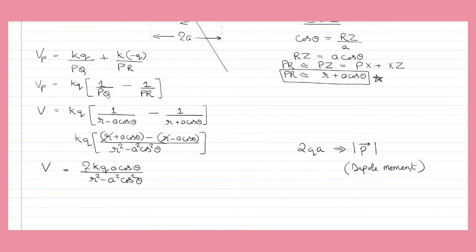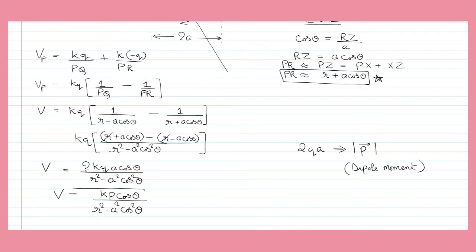So I can write this V as k p cos theta upon r square minus a square cos square theta.